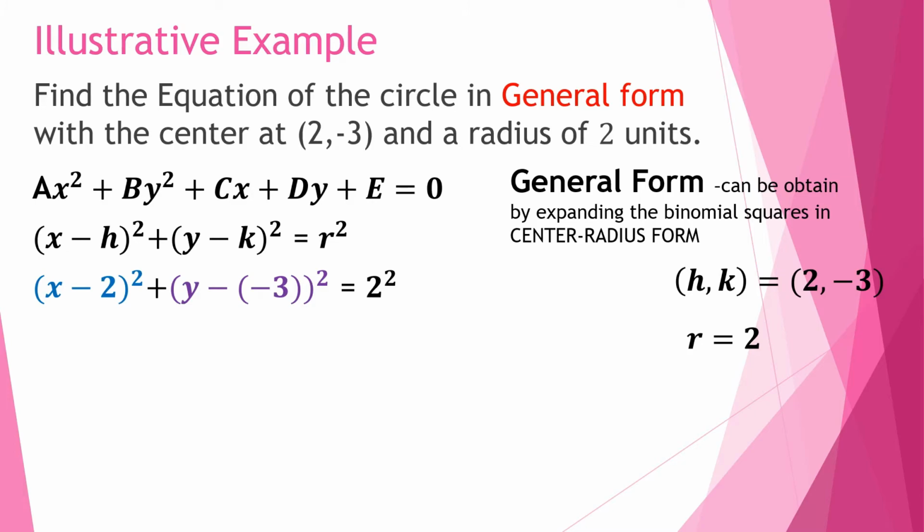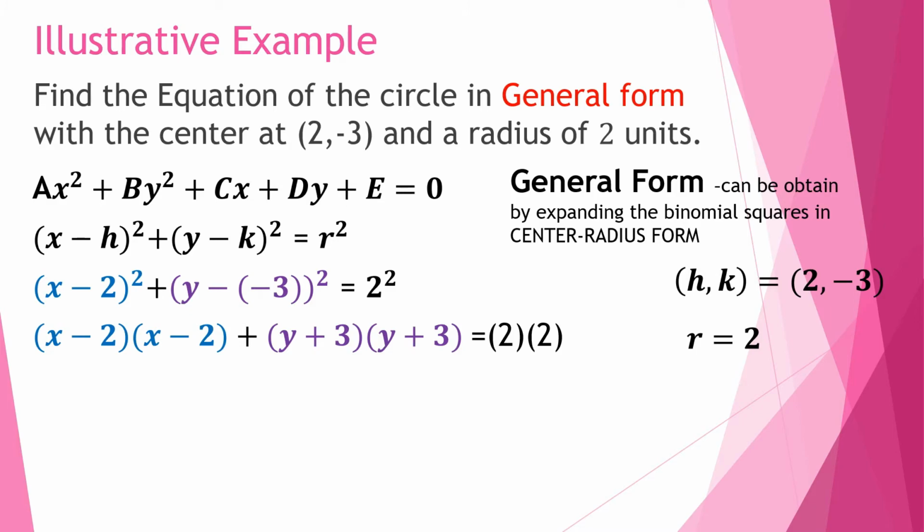The general form can be obtained by expanding the binomial squares. So we evaluate the exponents: (x - 2) times (x - 2), expanding (x - 2) squared, plus (y + 3) times (y + 3), expanding (y - (-3)) squared, equals 2 times 2, expanding 2 squared.